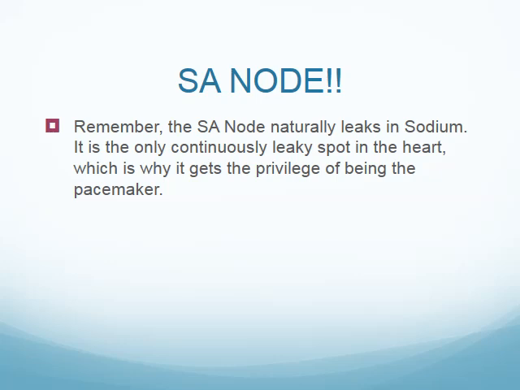So the SA node doesn't have anything above it to provide that stimulus. So it has this natural tendency to leak sodium, and so it's always creating electricity in the normal person. We want it to anyway. It's always creating that stimulus because it's naturally leaky to sodium, so there's always sodium leaking into those cells.